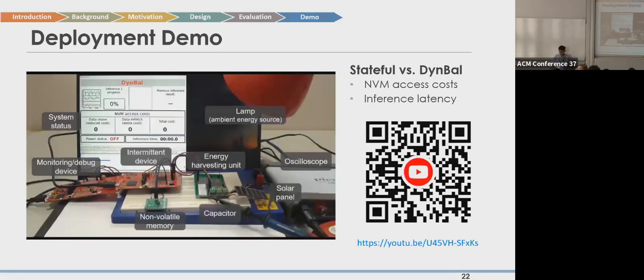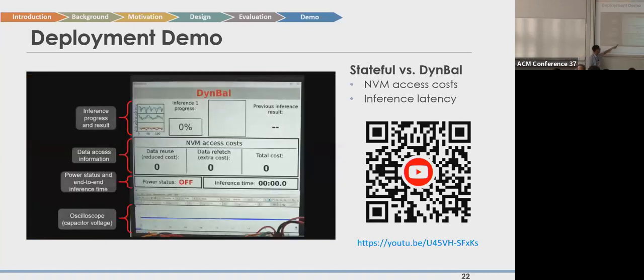Okay, and here let me show a simple demo video. In this demo video, we will run Diabeo and stateful. And here the system is powered by the lamp and then an energy harvesting module to collect the energy. And we show the system information on the user interface, including the progress and the system status.